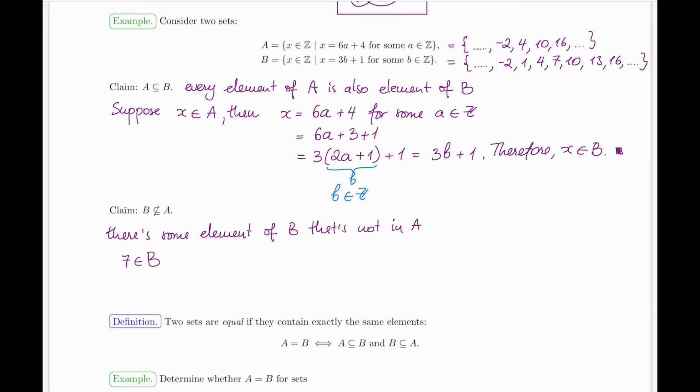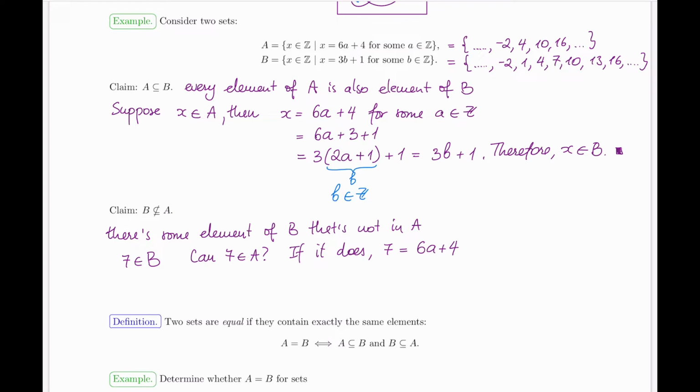Now, if 7 is in fact in A, it would have to be of this format. So I'm going to make an assumption that maybe 7 can be in A. Can 7 belong to A? If it does, what are we going to have? 7 belongs to A, which means that it can be written in this format. So 7 can be 6a plus 4.